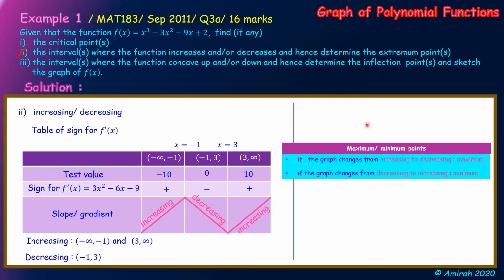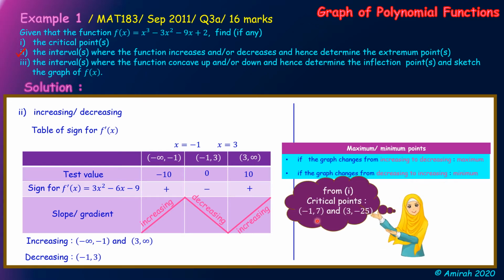Extremum points mean whether the point is maximum or minimum. To find a maximum or minimum point, if the graph changes from increasing to decreasing, it means we get a maximum point.